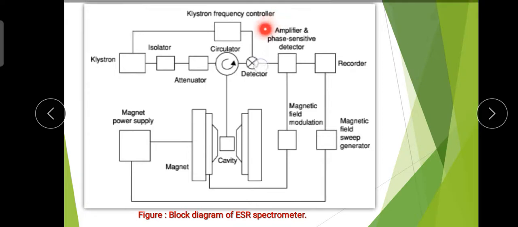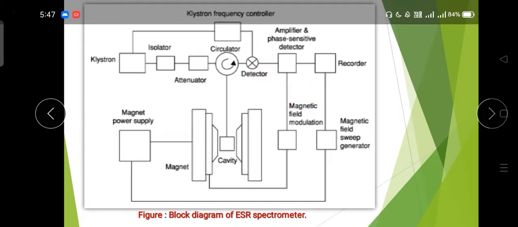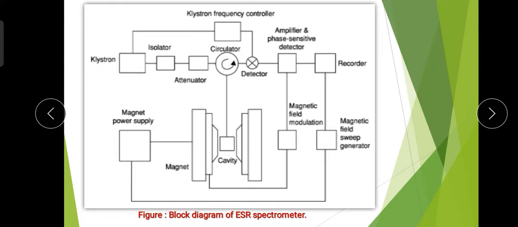And again here is the amplifier and phase shift and phase sensitive detectors. After that there is a recorder. In order to get the spectra, these are the different components used in an ESR spectrometer. After that there is a magnetic field modulation and a magnetic field sweep generator.